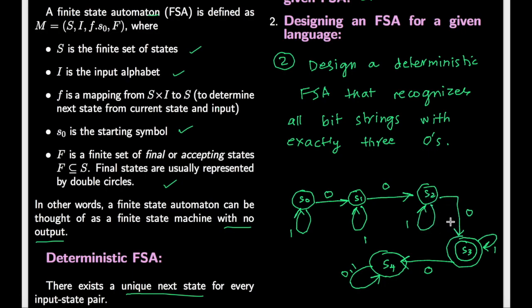So the moment we get the third 0, we are in our final state. After that, any number of ones can come because the number of zeros is still 3. But the moment we get another 0, we get to a state from which the string is never recognized by the final state of the automaton.